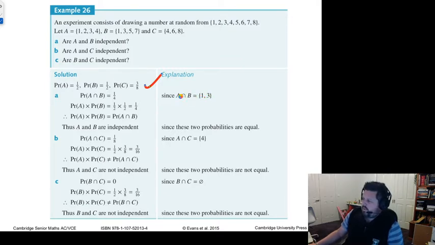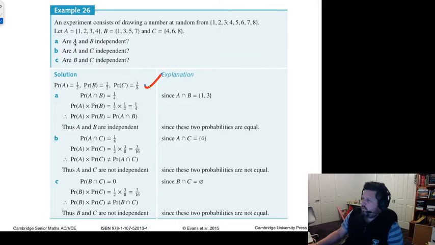So in that particular case, you've got 2 numbers out of the 8, which simplifies down to 1/4. Okay, so that's what A intersection B is.